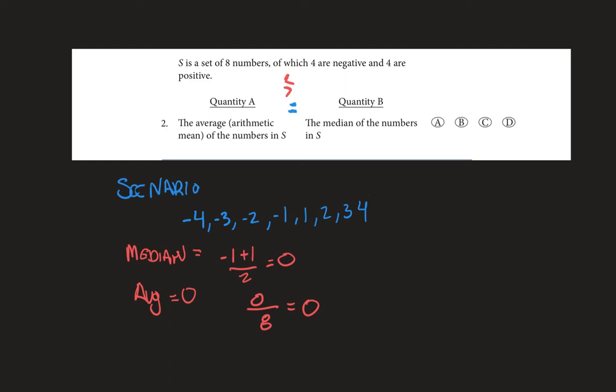So let's see. I'm going to change the numbers now. Instead of using -4, let's use -5, and we keep everything else the same: 1, 2, 3, 4. So now what happens? Let's look for the median. The median, again, will be 0, because -1 plus 1 over 2 is 0.